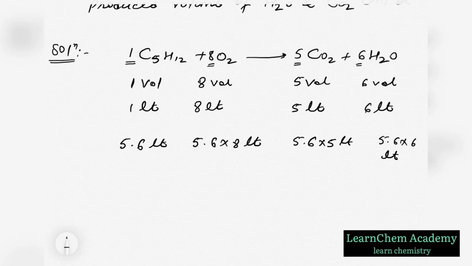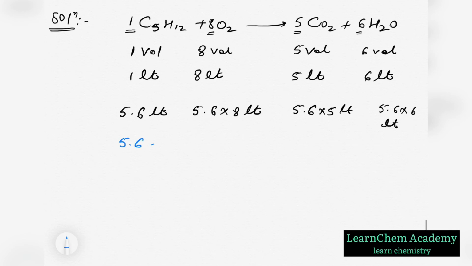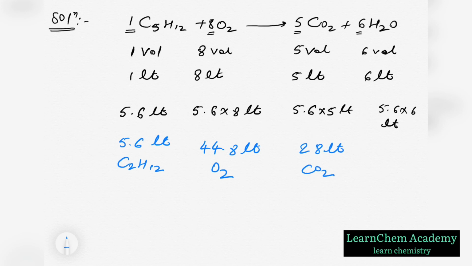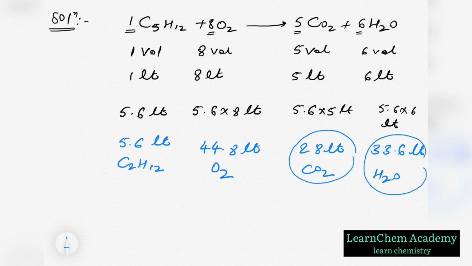So we can write, 5.6 liter pentane reacts with 44.8 liter oxygen and forms 28 liter CO2 and 33.6 liter H2O. So this is our answer: produced CO2 and produced H2O.